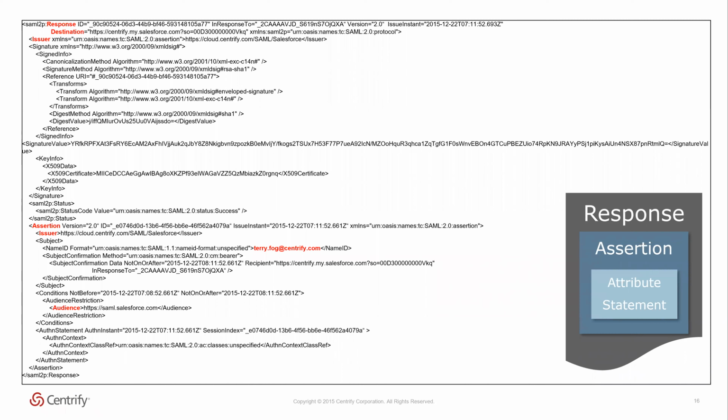So the issuer of the SAML response is IDP. Therefore, the value is the IDP issuer, aka IDP entity ID. Now here's audience, inside the assertion. Do you guys still remember what audience means? What does audience mean?